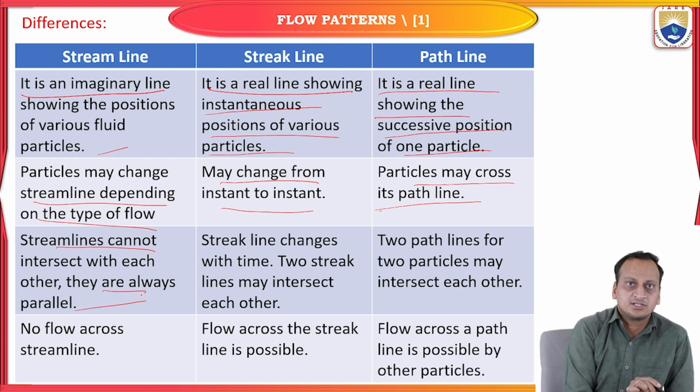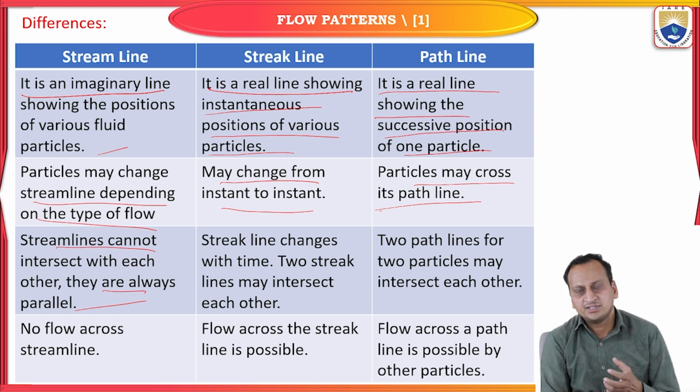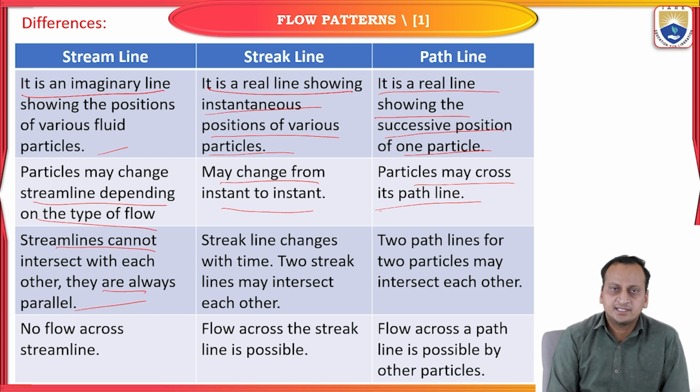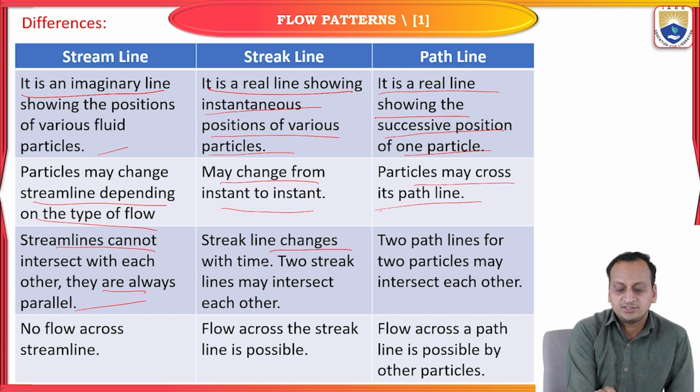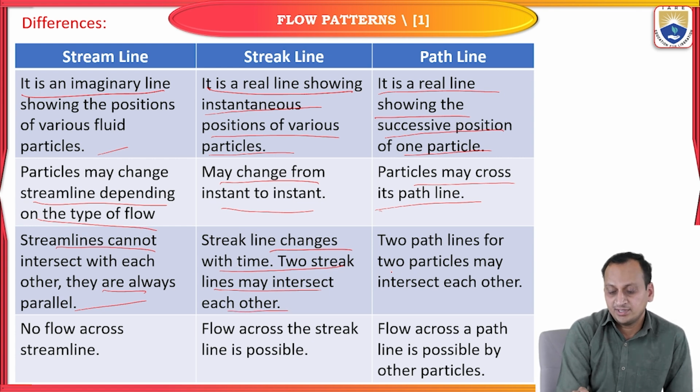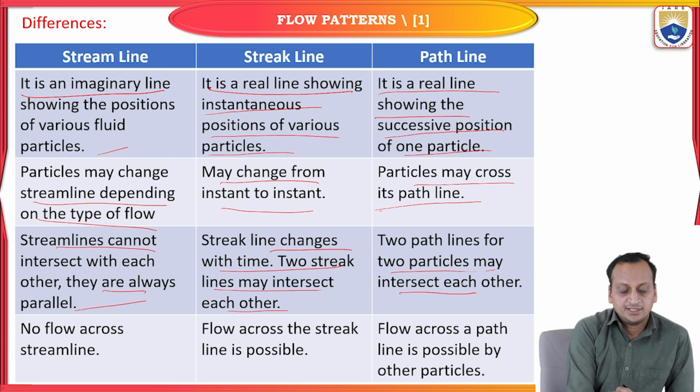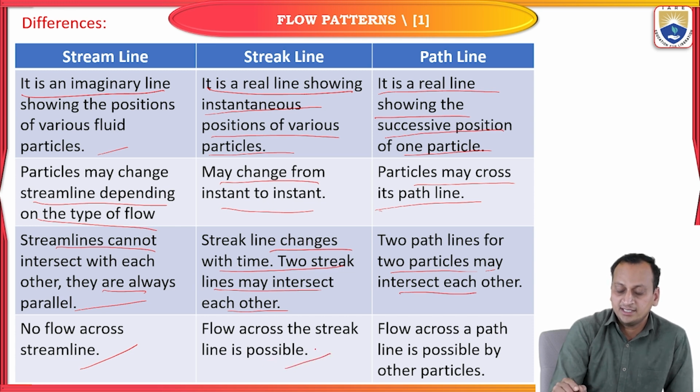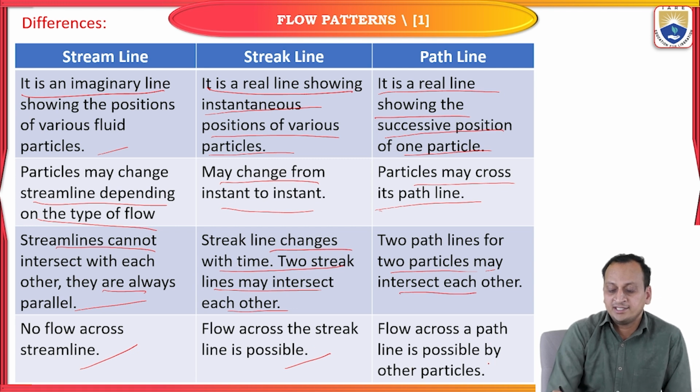In a steady flow in which streamlines are drawn, there is no intersection between the fluid particles. A streak line changes with time. Two streak lines may intersect each other. Two path lines for two particles may intersect each other. In a streamline there is no flow across it, but in a streak line, flow across it is possible. Similarly, in a path line, intersection is also possible.